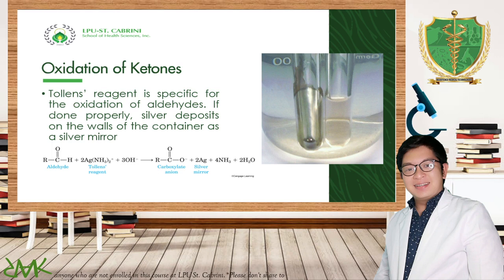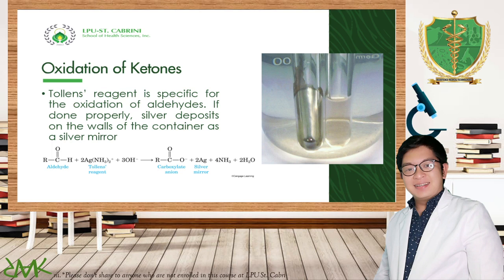Now, if done properly, there will be silver deposits, and these silver deposits will be deposited on the walls of the containers and will serve as the silver mirror. That's why if you are going to perform the Tollens test, ibig sabihin, kapag po nagkaroon ng formation of silver deposits, that is not a ketone but rather an aldehyde, because Tollens reagent is specific for the oxidation of aldehyde.